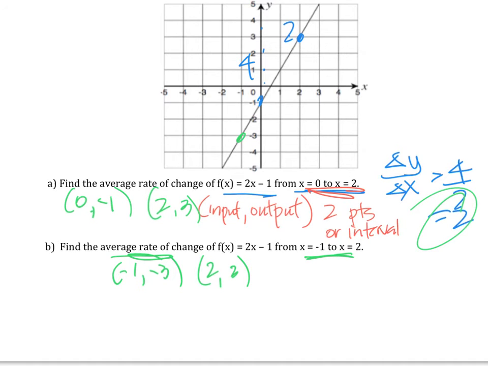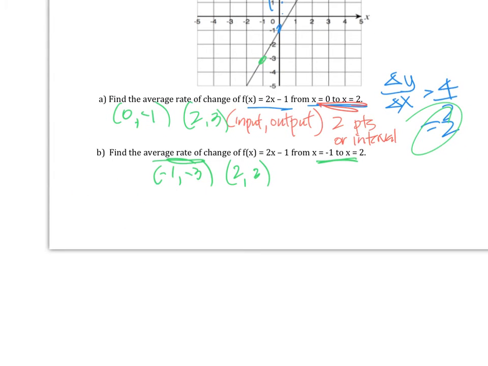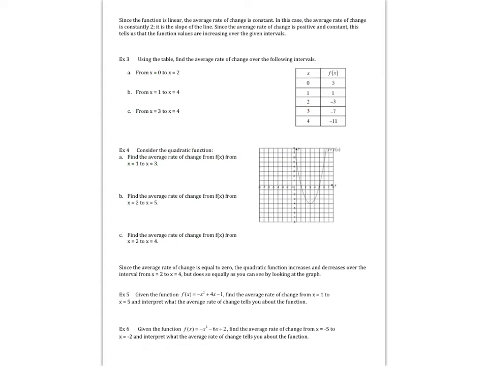So we are calculating what that change is. The average rate of change is the output over the input, and we would have 6 over 3, which is, in fact, 2. Okay, on to the next examples.